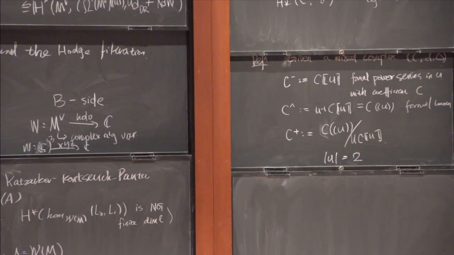Okay, so this is the formal structure that you have. I want to apply these things on the symplectic side. And to do that, I want to tell you a mixed complex structure that you can define on the symplectic cochain complex.